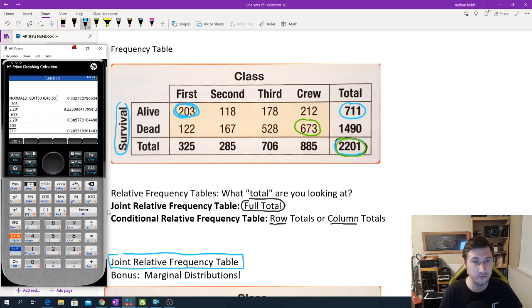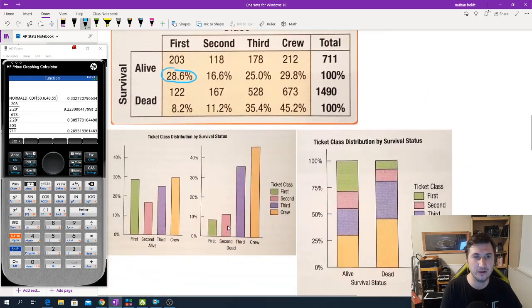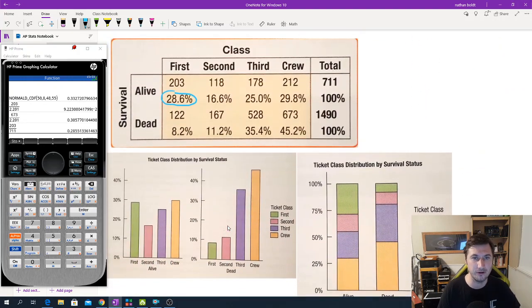And that's where all those numbers come from, by taking the frequency inside the table and dividing it by the total at the end of the row. Because we're doing this by survival status, we're dividing it by the total at the end of the row. So that is where all of these numbers came from. We took 118, divided by 711, and that gave us 16.6%, etc., etc., etc.